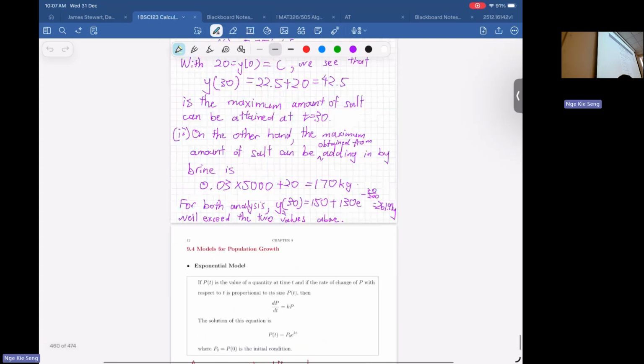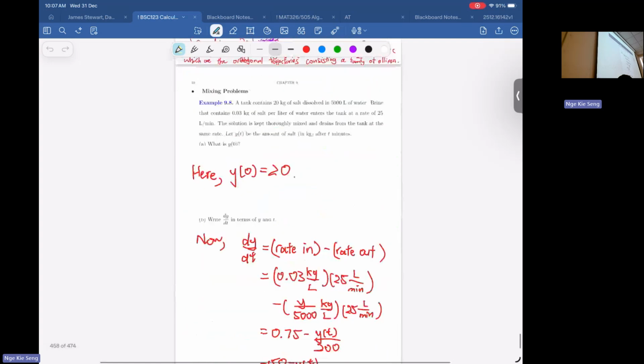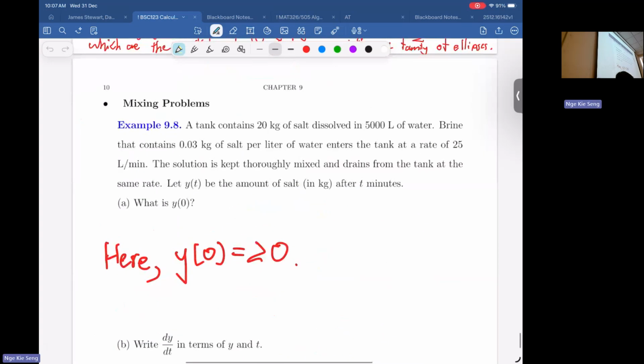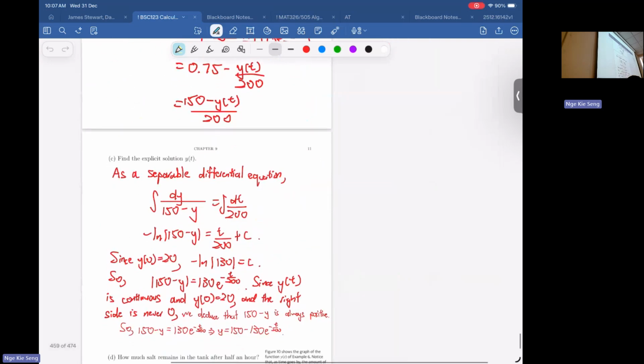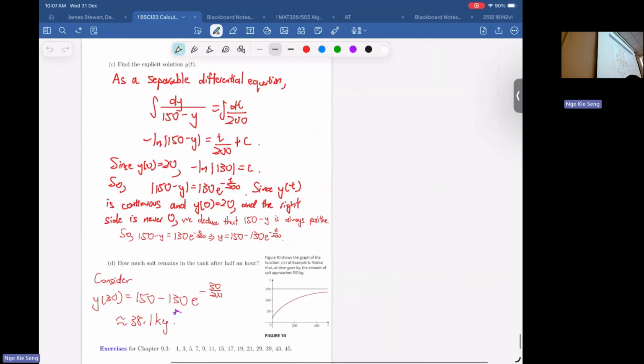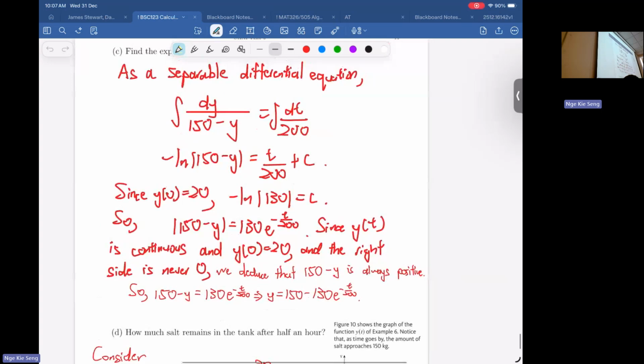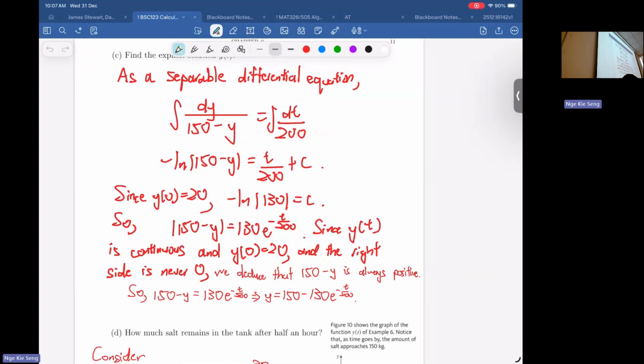And the other one, if you still remember this question here, this mixing problem. Last time we used the maximum solution to throw out some possibilities. But there's one way to do it without looking at the physical condition.